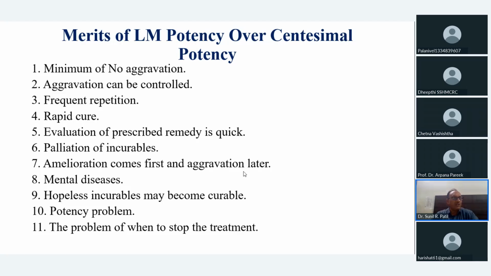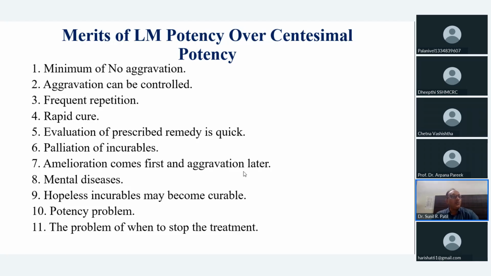Without this, with the centesimal scale of potency, it takes a longer time to produce the curative effect. Appropriately, a selected single dose of the homeopathic remedy will take time to a complete cure, with slow progress and slight improvement, but aggravation does not occur.